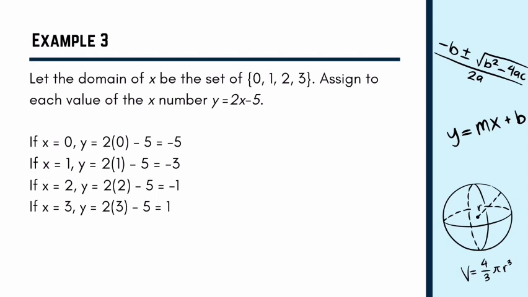For 0 the output is negative 5, for 1 the output is negative 3, for 2 the output is negative 1, and for the input 3 the output is positive 1. So it is a function.